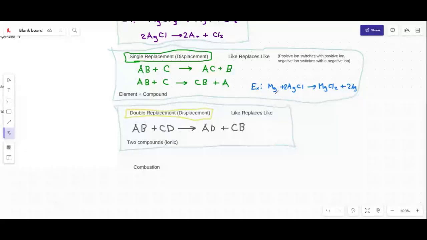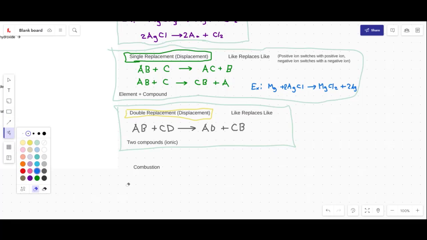See, in this case, magnesium, which is a metal that will become a positive ion, is going to switch places with silver, which is also a metal. So they'll switch places, and the magnesium will go with chlorine, and the silver will come out. Now, it is important to note here that when they switch places, you have to rebalance it based on the charge.